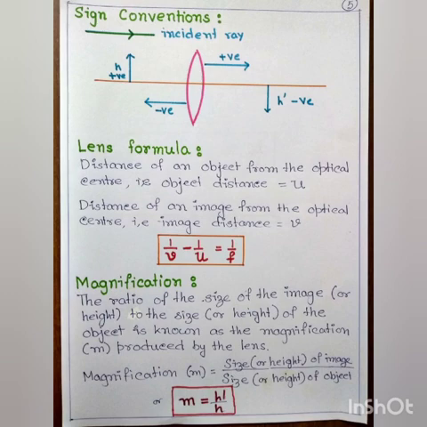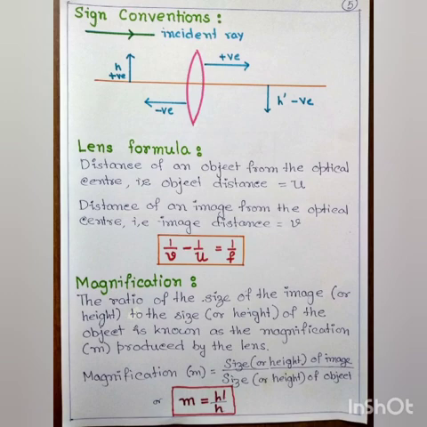Here, all distances are measured from the optical center of a lens. Like a curved mirror, here also all the distances along the incident ray will be considered positive and opposite to the incident ray will be considered negative. Any distance perpendicular above the principal axis will be considered positive and downward from the principal axis will be considered negative.